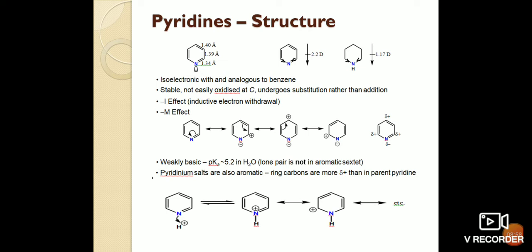It is a polar compound due to exhibiting minus I effect, and there is a variation in bond lengths of pyridine. The nitrogen carbon bond length is different from that of carbon carbon sigma bond and carbon carbon double bond.